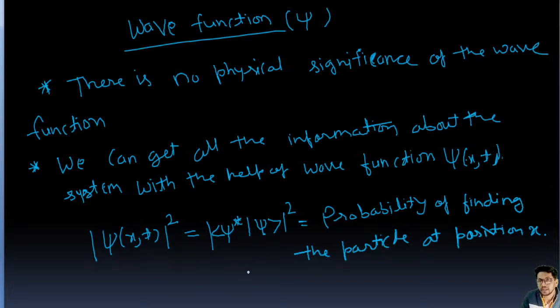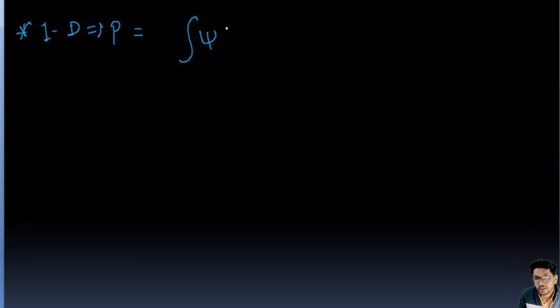So this is one. Now we'll write the probability of finding the particle in 1D. So in 1D the probability P is going to be the integration of mod square of psi of x,t dx, over the whole range.